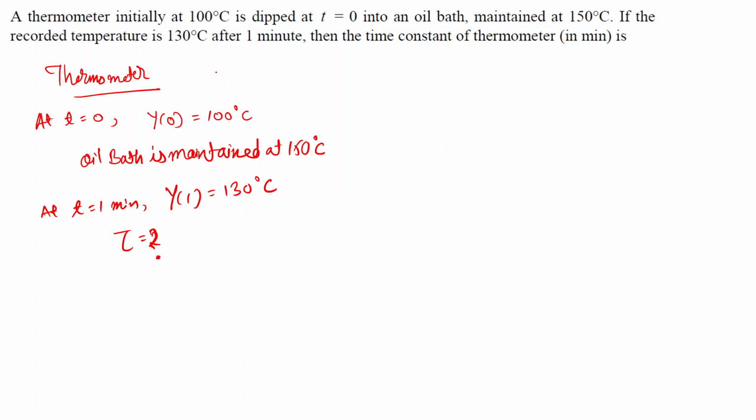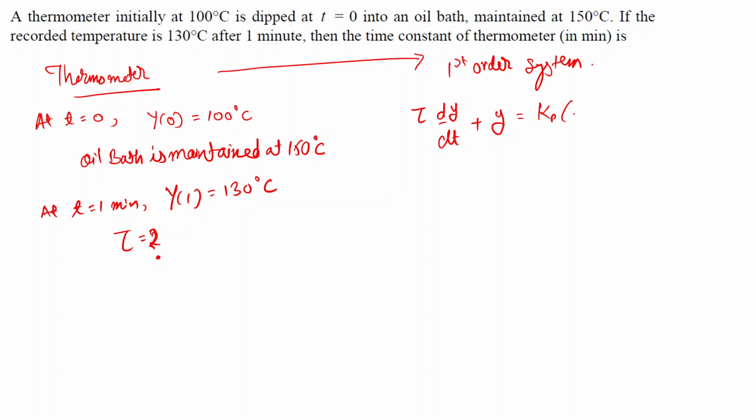So we know that we can consider the thermometer as a first order system. By first order system we basically mean that the model equation corresponding to this thermometer can be written in the form of tau dy by dt plus y is equal to Kp into x, where x is a function of time. Here tau is the time constant, y is the output, x is the process input, and Kp is the process gain.